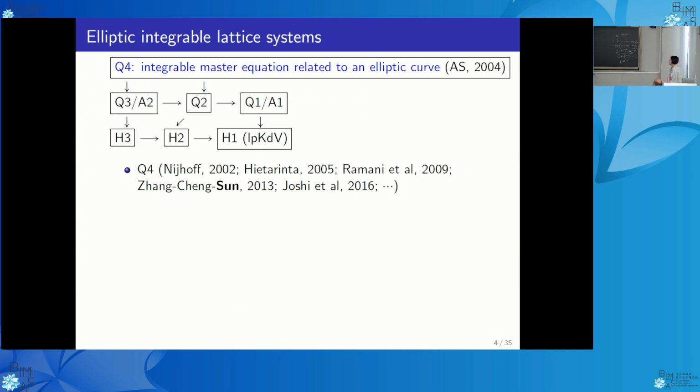As we mentioned, the coefficients in the Q4 are related to the moduli of the elliptic curve. So we also regard Q4 as an elliptic integrable lattice equation, or lattice system. As far as I know, there are only 4 classes of this kind of equation system.